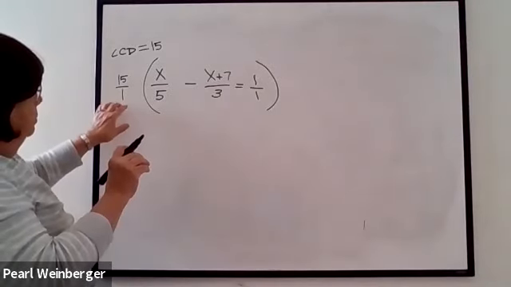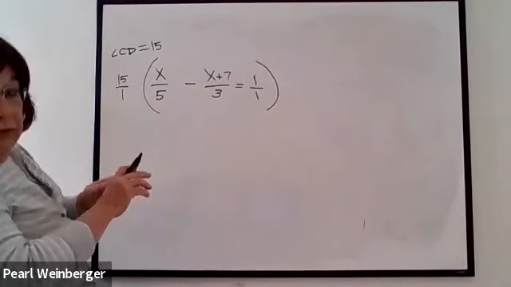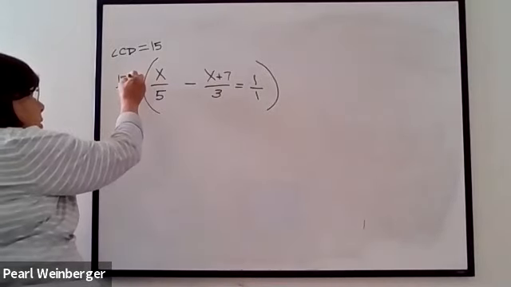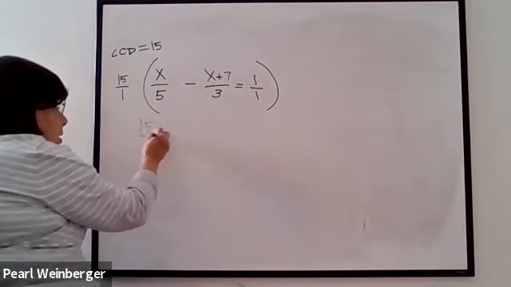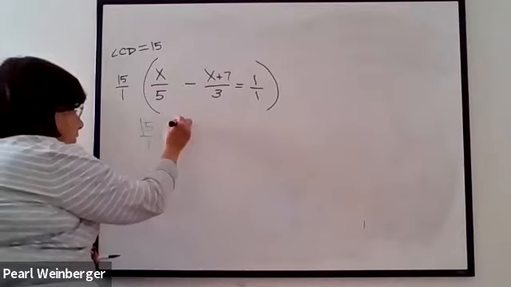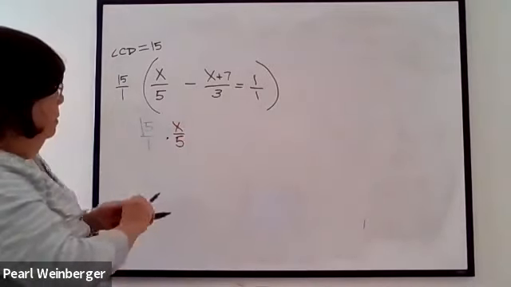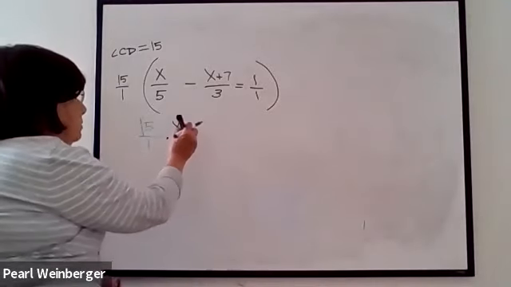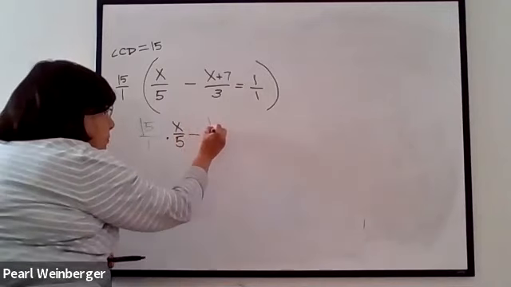Now we know when we're multiplying terms, we have to use the distributive property. So therefore, I'm going to take this 15 over 1 and multiply it by the x over 5 minus the 15. I'm putting it in green.